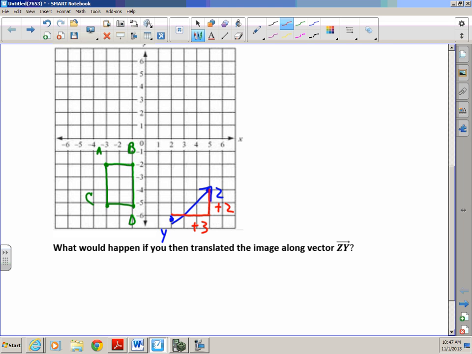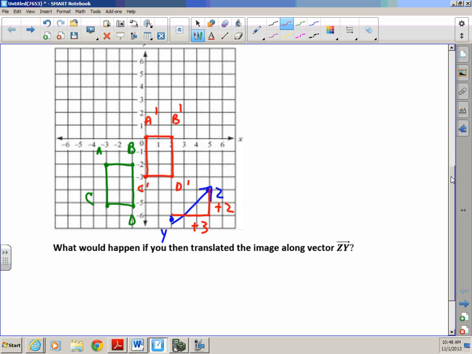So all I'm going to do is take all 4 points and move them 3 to the right and 2 up, and same thing with D. So the vector has replaced the words move it 3 places to the right and 2 up, or the X +3, Y +2.